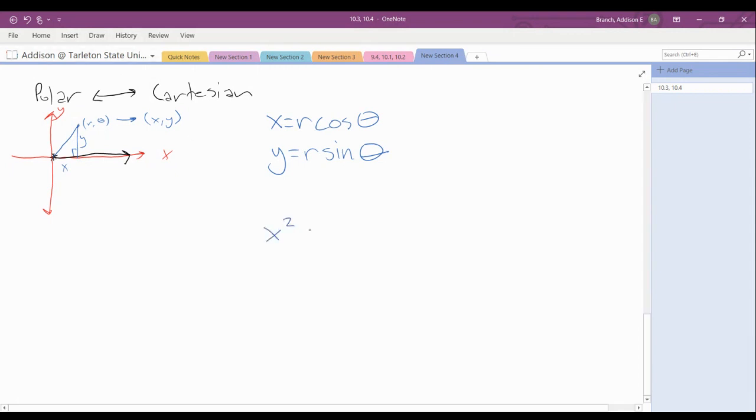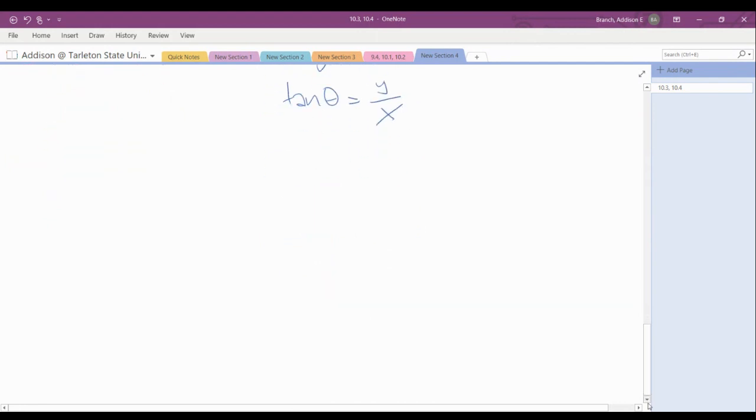So we can just say x squared plus y squared is r squared. And then we also have our trig identity that says that tangent of theta is equal to opposite over adjacent, or in this case, y over x. So now that we have these formulas, let's try to go ahead and convert some points.